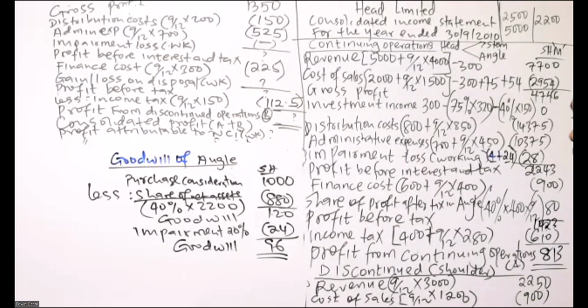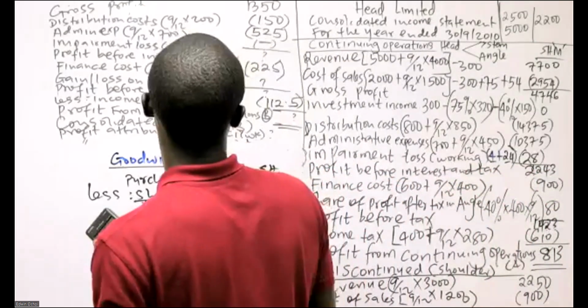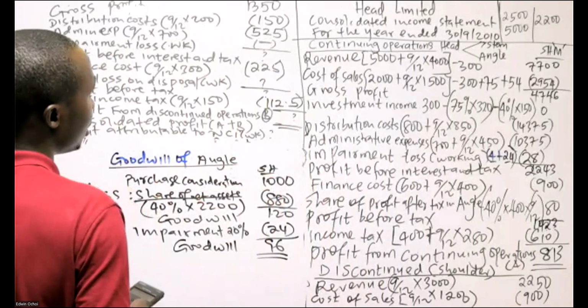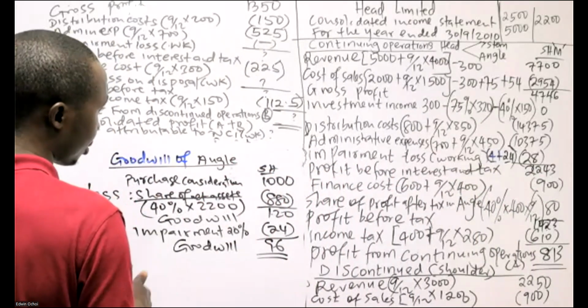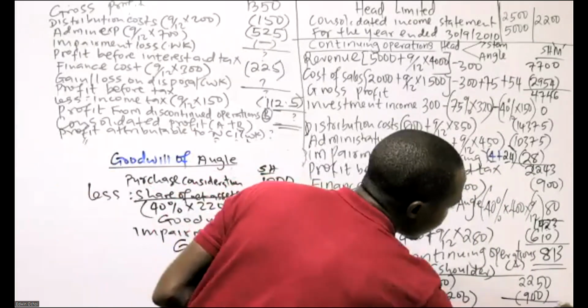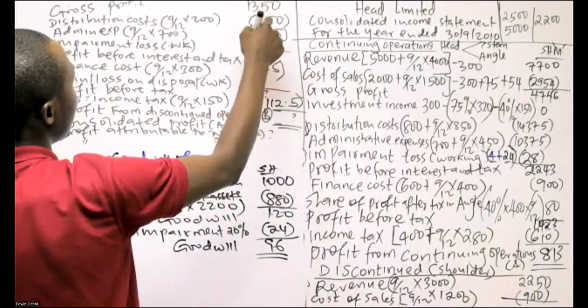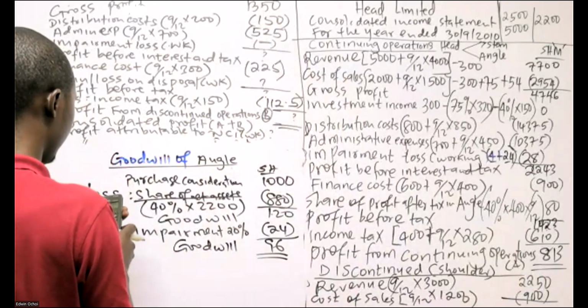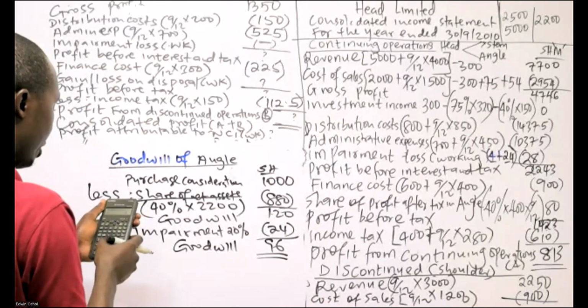So what's remaining? This one. Even this one I can be able to determine. It was 1350, because remember that once we took 2250 minus 900, we got this. Minus this, minus this: 1350 minus 150 minus 525.